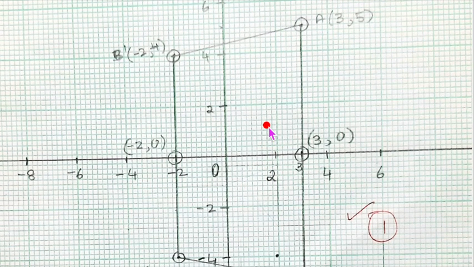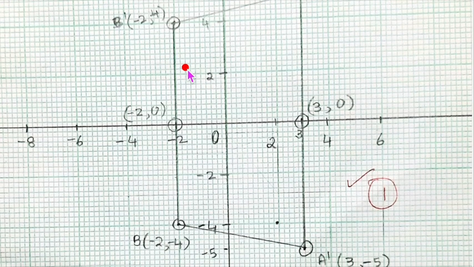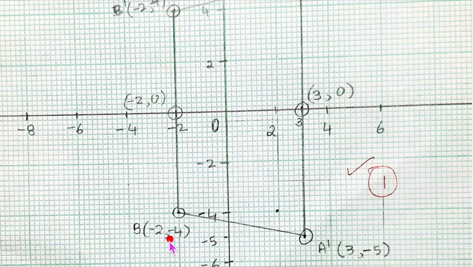So we have to first plot A, which was (3,5). So from here 1, 2, 3, we come up here, and 5 means from here between 4 and 6. This will be 5. So this is our point A. Then point B was (-2,-4) here.